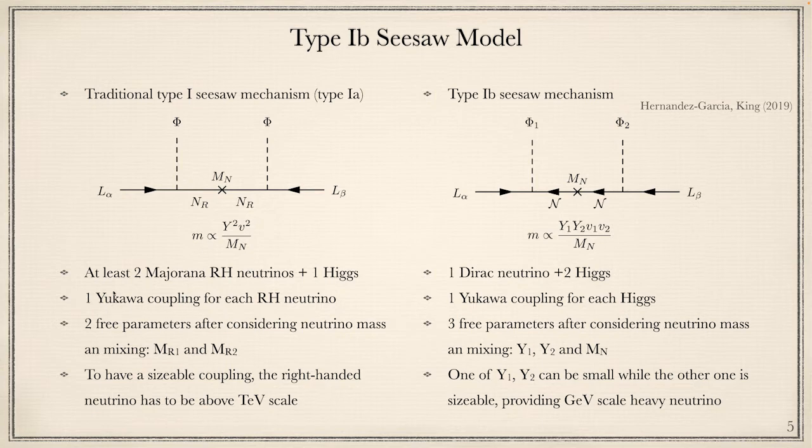In the traditional type 1a Seesaw model, we have 1 Yukawa coupling for each right-hand neutrino. And in the type 1b Seesaw model, we have 1 Yukawa coupling for each Higgs, which means that there is a conservation of the number of Yukawa couplings between these two models.